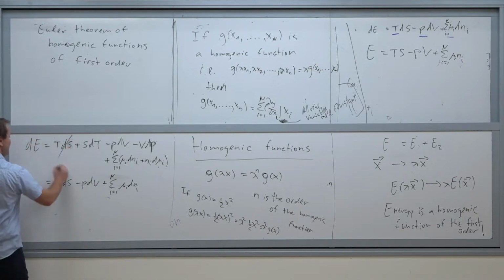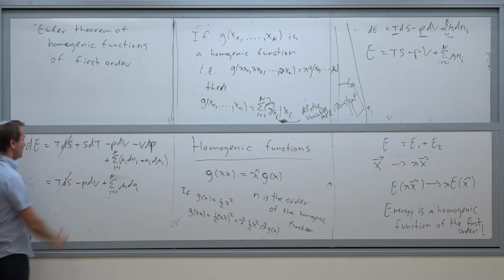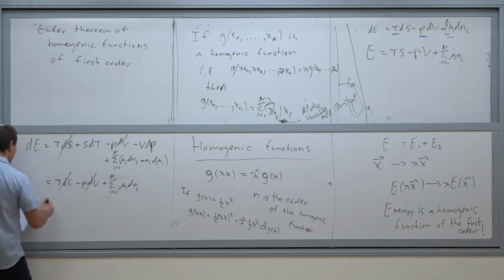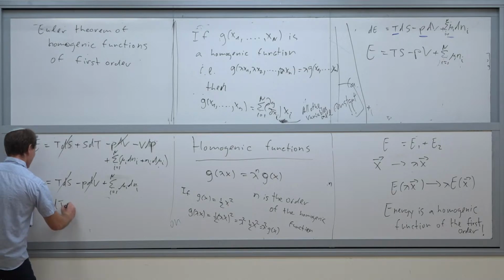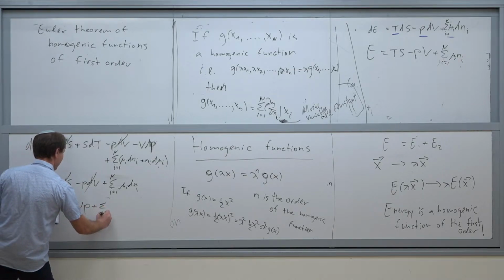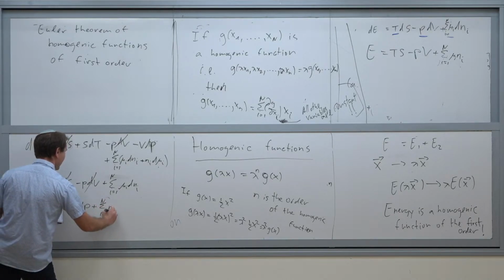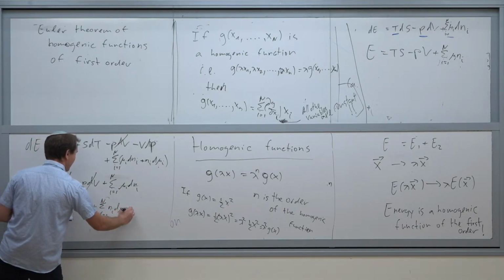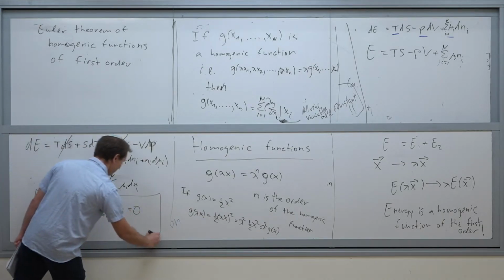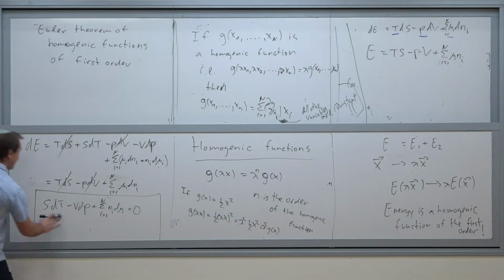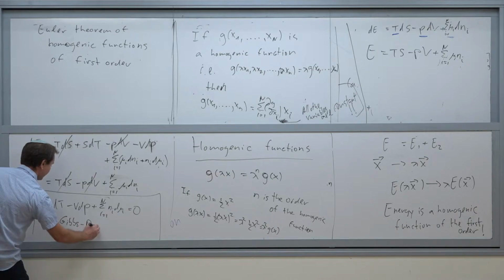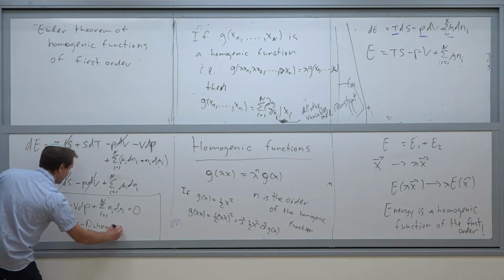Because TdS and TdS go away, and minus PdV goes away, and eventually we are stuck with S dT minus V dP plus a sum from i to n of Ni d mu i. This equals 0. And this important equation is called the Gibbs-Duhem relation.